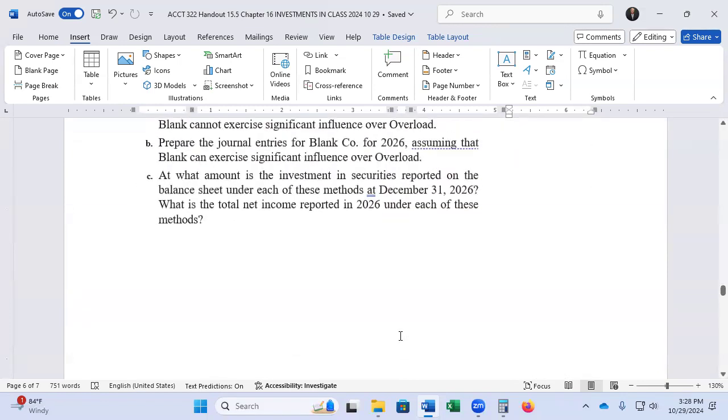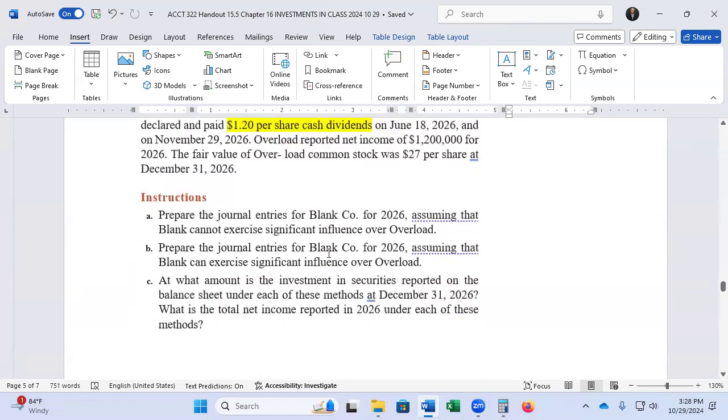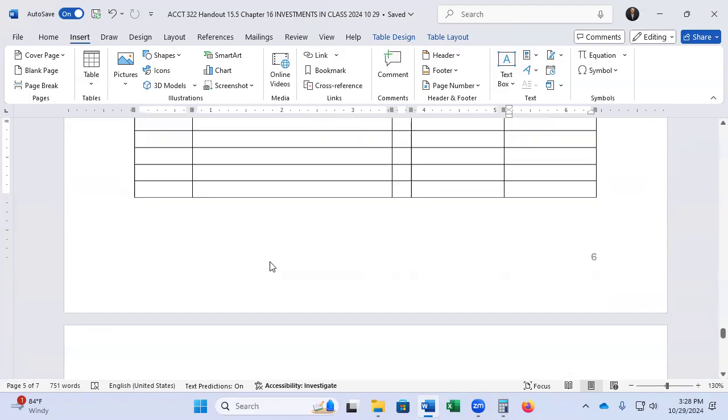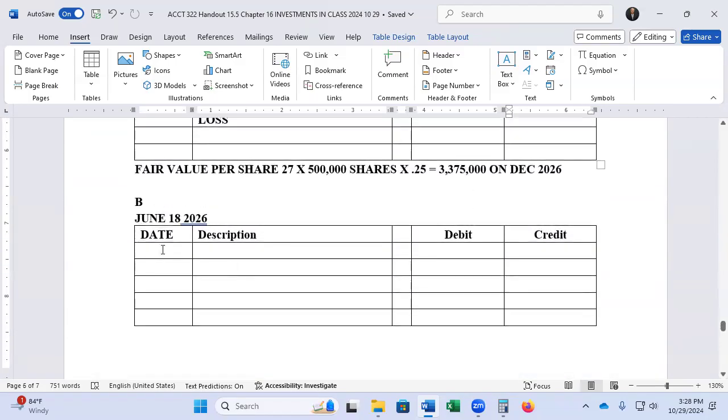Okay, part B says, prepare the journal entries for Blank Co. for 2026, assuming that Blank can exercise significant influence over Overload. So now we're moving to the equity method. And we've already recorded the purchase. And so we're going to record our dividends now on June 18th, 2026. We're going to get cash, and we know that that's 150,000 because it's still calculated the same.